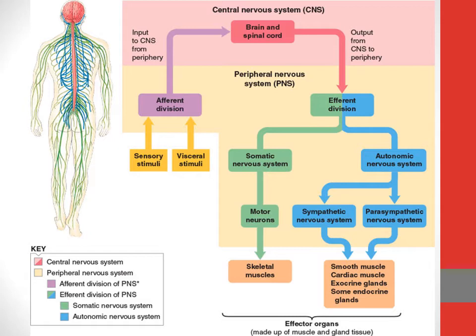Think of the heart. Think of the lungs. Think of what it does to the liver and also to the kidney. For example, the sympathetic nervous system can stimulate the kidney to release renin. The sympathetic system can stimulate the liver to break down glycogen to glucose.